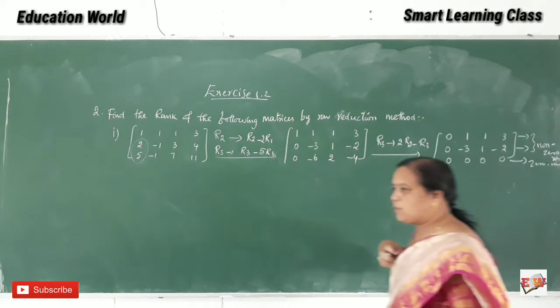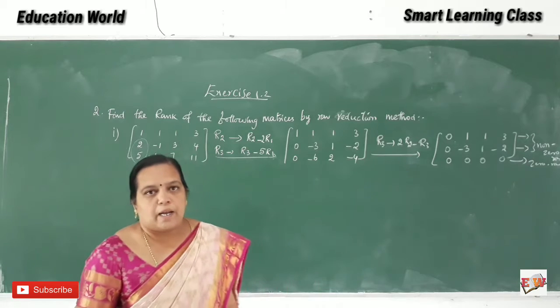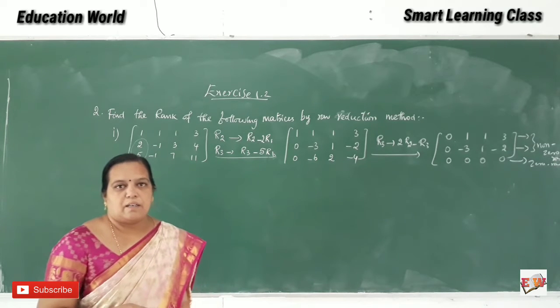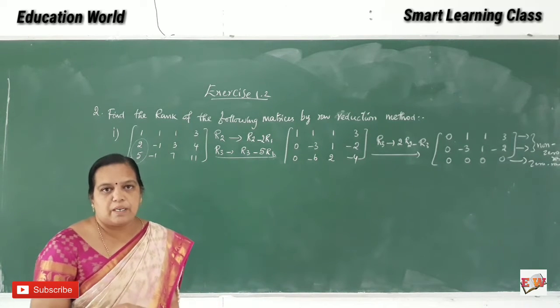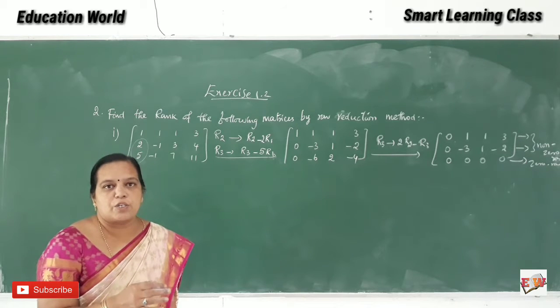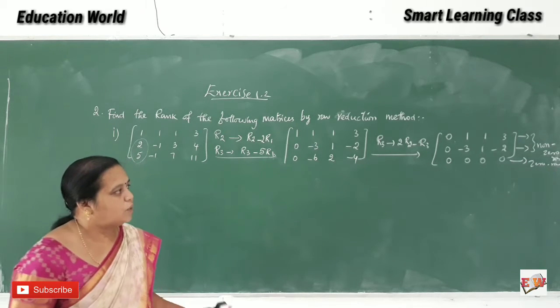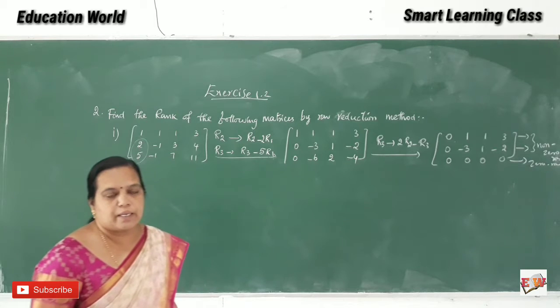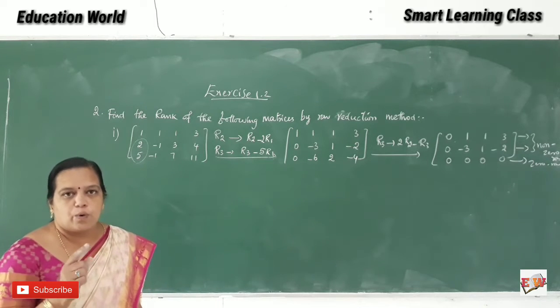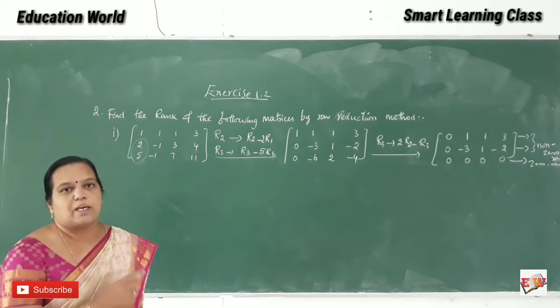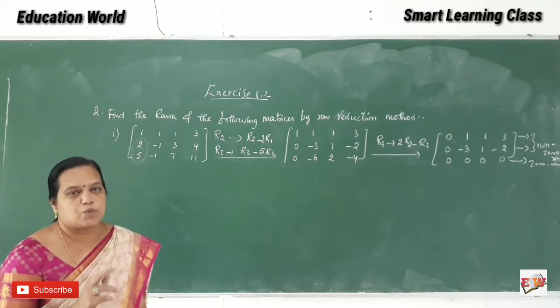Already we have seen in one theorem, the rank of the matrix in row echelon form is the number of non-zero rows in it, isn't it? So how many non-zero rows are there? 2 non-zero rows and 1 zero row. So the rank of the given matrix is 2.